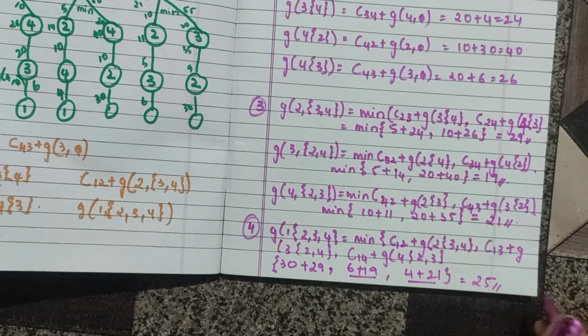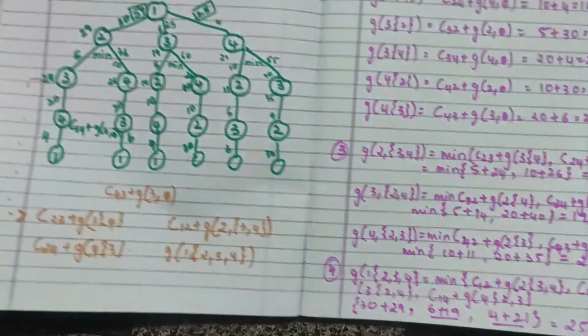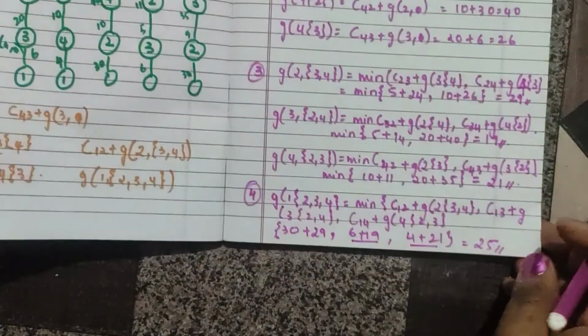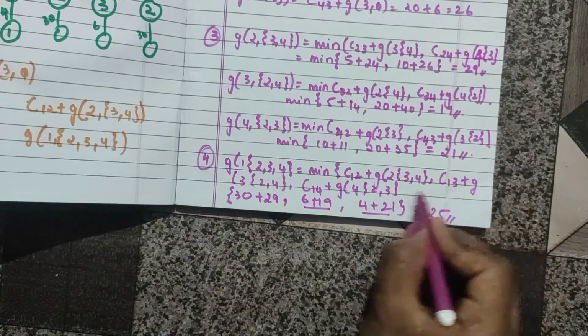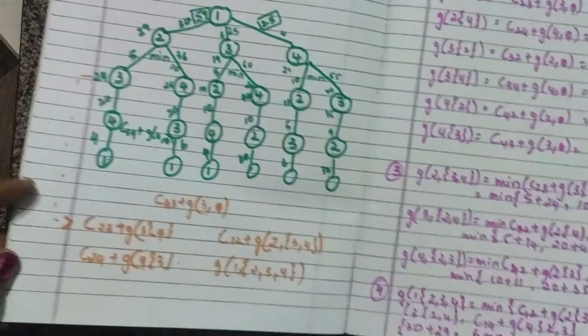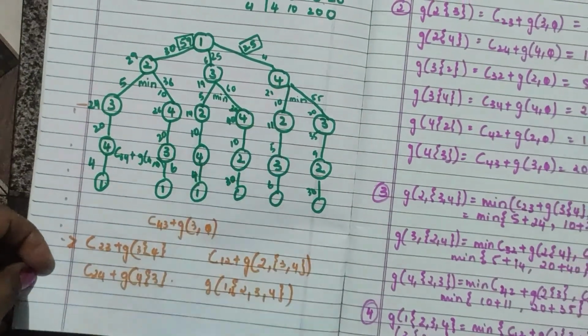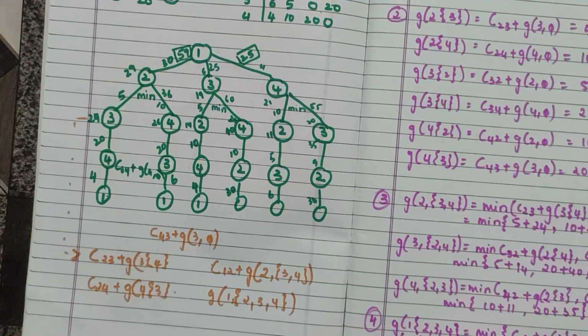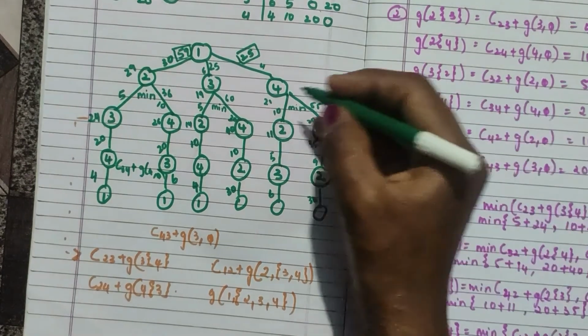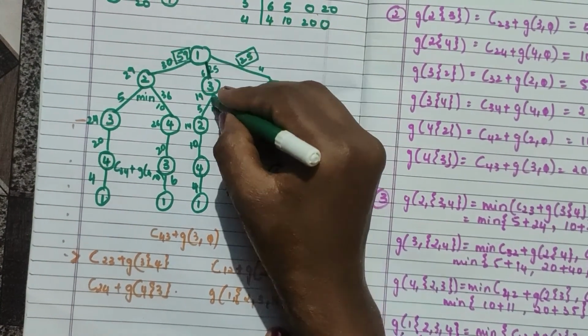So now I need to find out the path. If we look here, we have the cost of 1 to 3 and the cost of 1 to 4. This means that from 1 to 3 and 1 to 4 we have got the minimum path. Now we just highlight the shortest route from the source to the destination, and then again back from the destination to the source. So the path we have got is here.